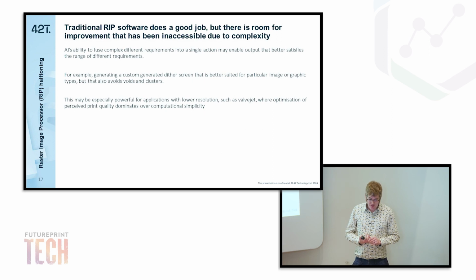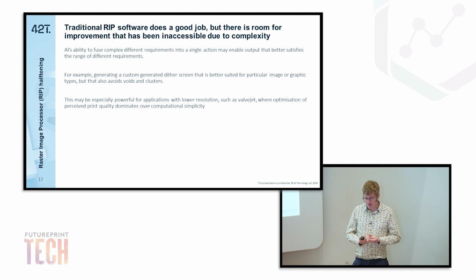I think traditional RIP software does a good job, but there's room for improvement that's inaccessible due to the complexity at the moment and due to that computational challenge. But AI's ability to fuse these different requirements into a single action could be useful.